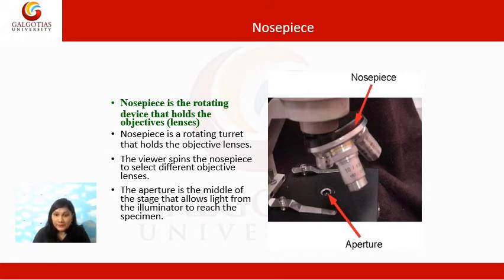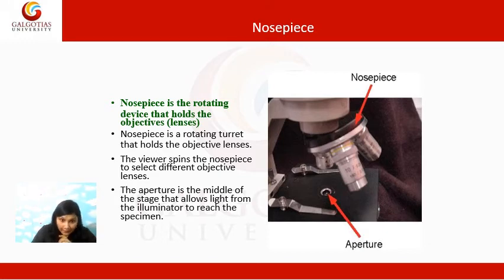So this is the nose piece you can see, and we have different types of objectives over here that will be used under different circumstances, or this is actually based on the type of object that you are going to study. Okay. The viewer spins the nose piece to select a different objective lens. You can rotate, this is the axis of rotation, and you can rotate your nose piece in a clockwise or anti-clockwise manner.